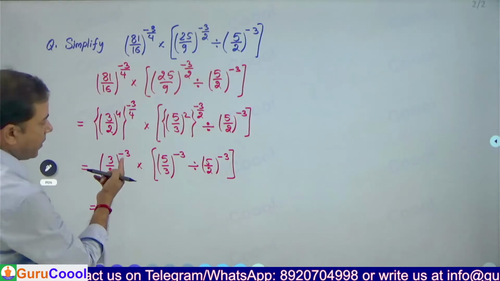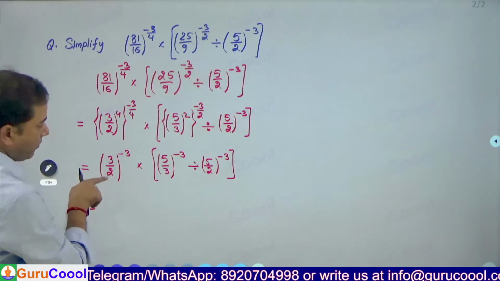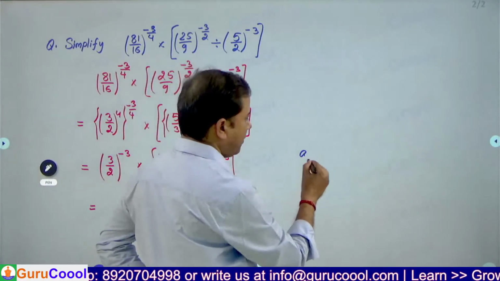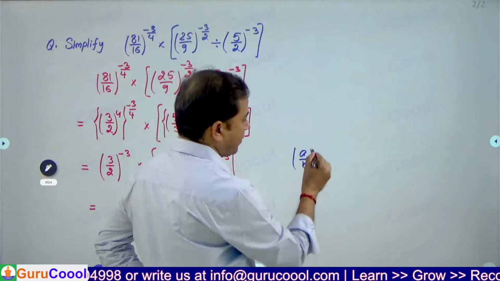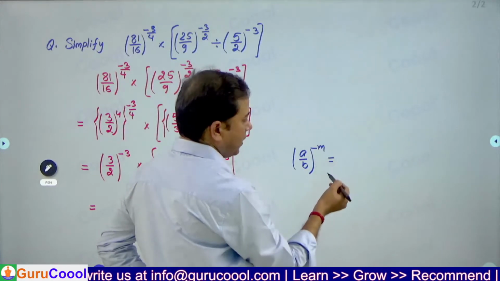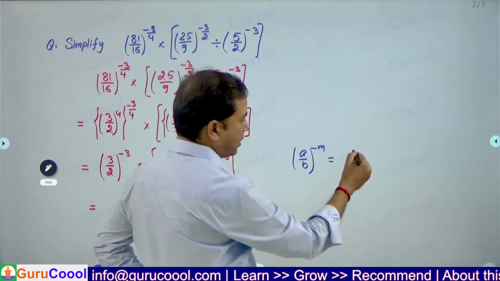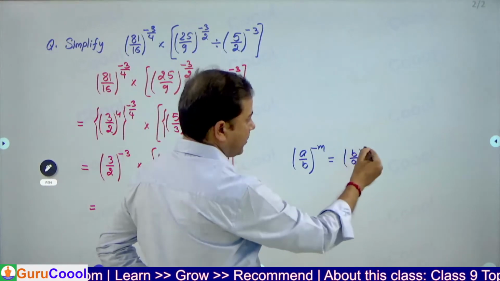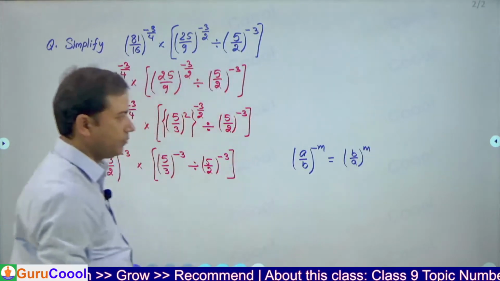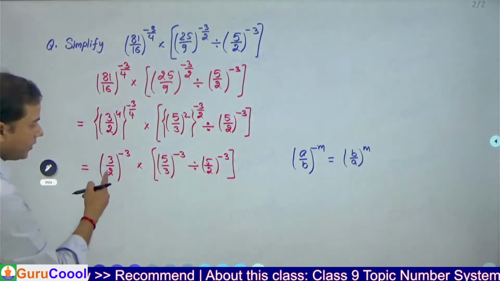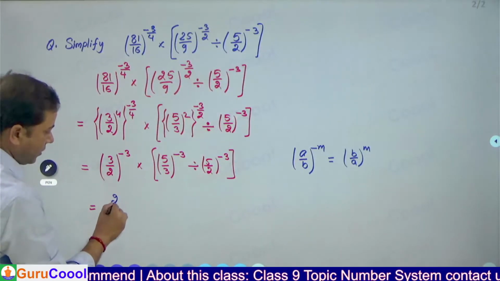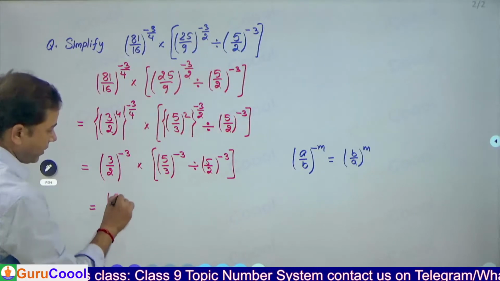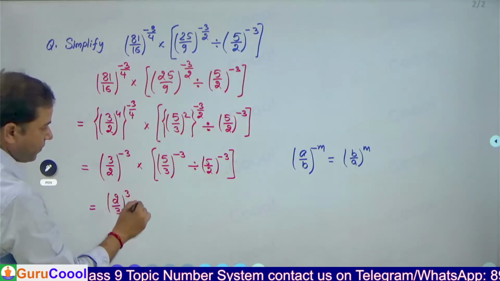To make the power positive, let us flip it, let us make it reciprocal. The rule says if you have a by b raised to the power minus m, you can reciprocate the rational number like this to have the power positive. So let's make it 2 by 3 raised to the power 3.